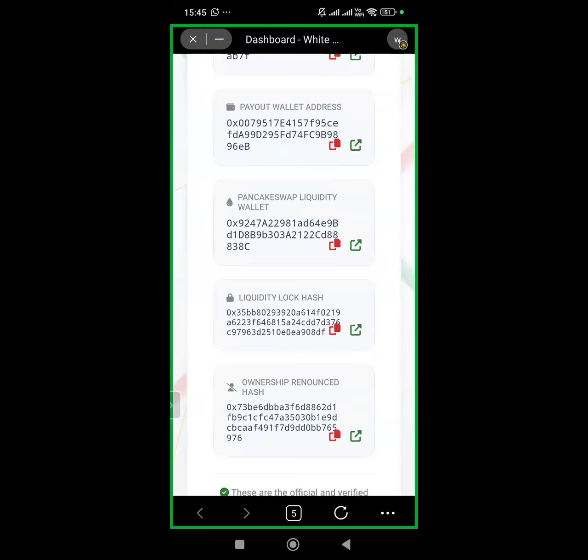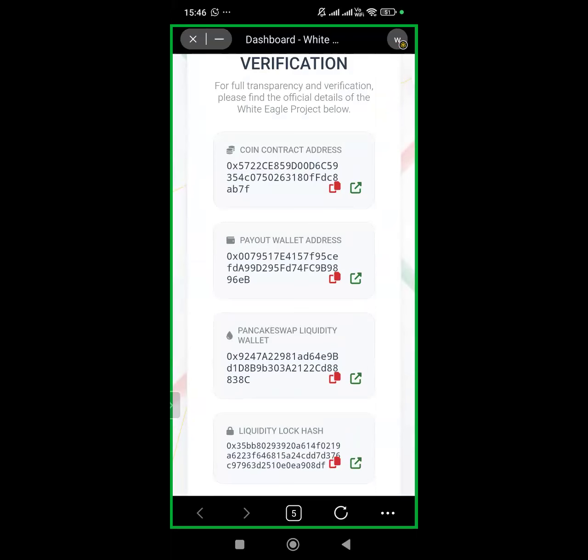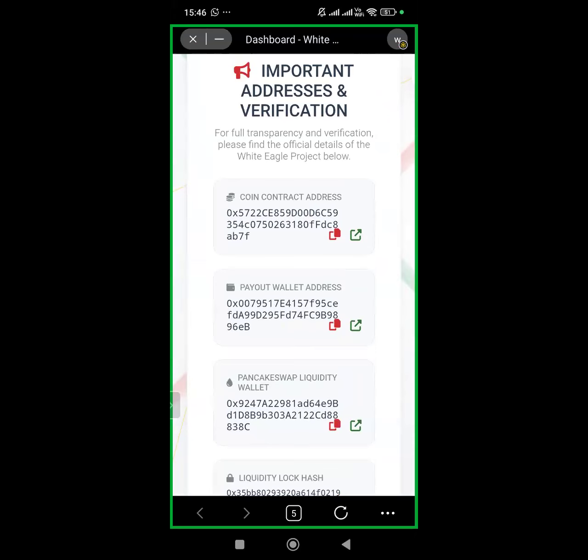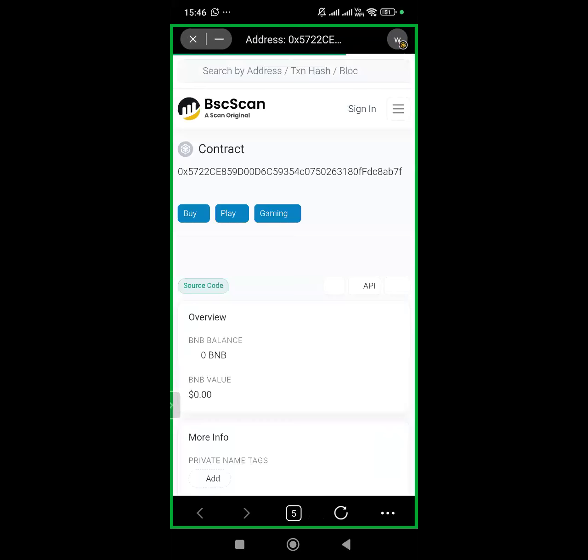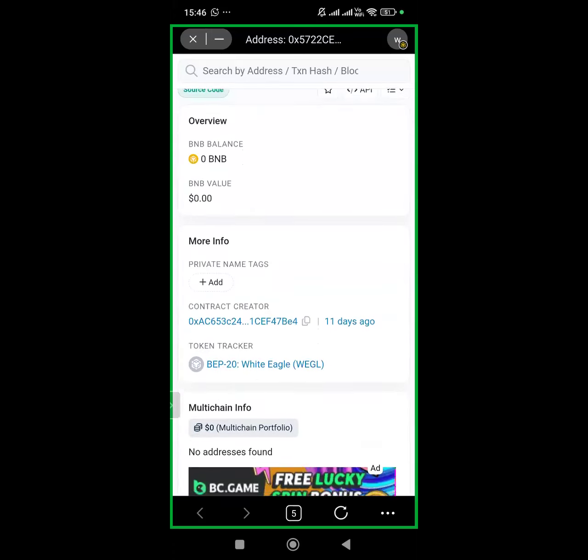If you go, my brother, to the contract address of this system, the first one is the contract address. As you go here, this is the contract address. At the end of the contract address is B7F. So you have to keep that in mind.